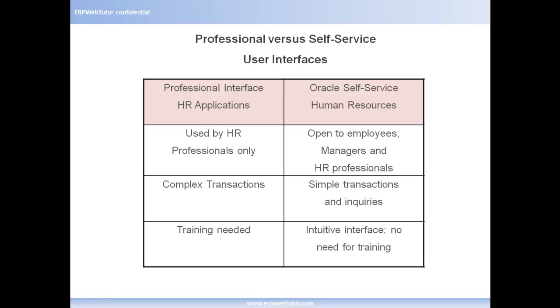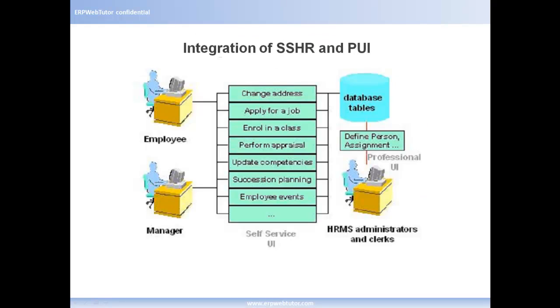So you are breaking down that entire thing into different processes, and that automatically simplifies the transactions a lot. And for the professional interface, you need to provide training. There are a lot of things that the HR professionals need to know before they actually start using it. Whereas the self-service is web-based. It's an intuitive interface, so there is no to minimal need for training.